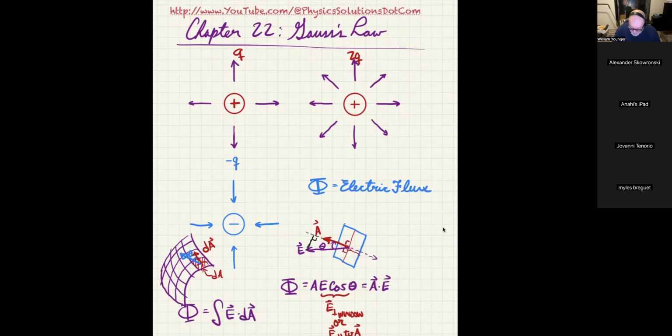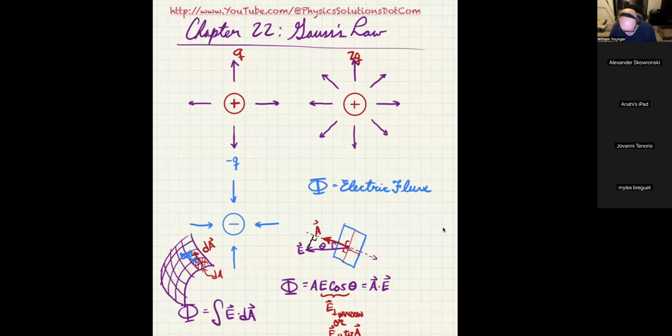If you've gotten it small enough, the electric field would be the exact same vector all places in that itty bitty rectangle, and therefore you could just calculate it for that whole rectangle: E times A times cosine theta. And then you go to the next little rectangle and add that one, and then the next little rectangle and add that one. What you're doing is an infinite sum, which is exactly what an integral is. So that's the big picture.